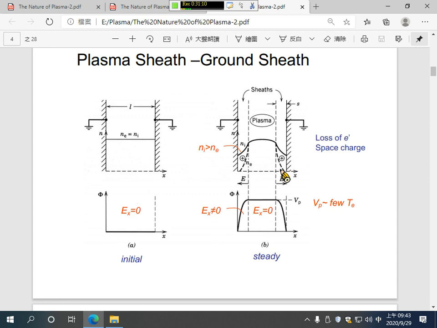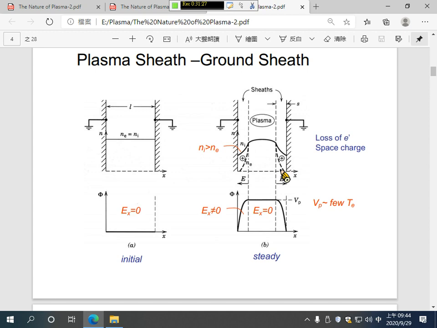If the metal plates are grounded, there will be a ground sheath generated between the surface of the metal and the main volume of plasma.